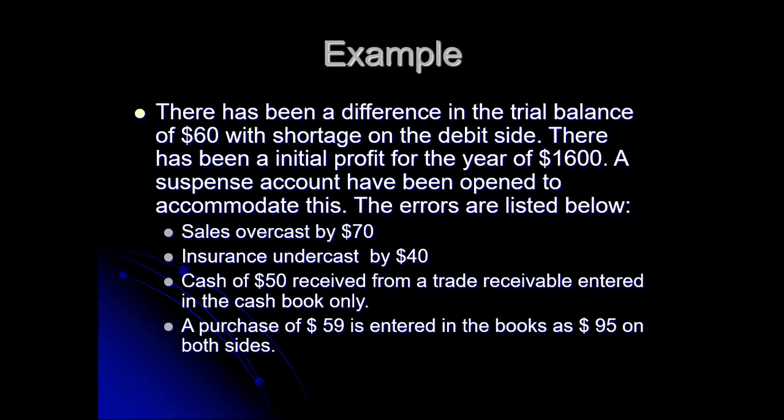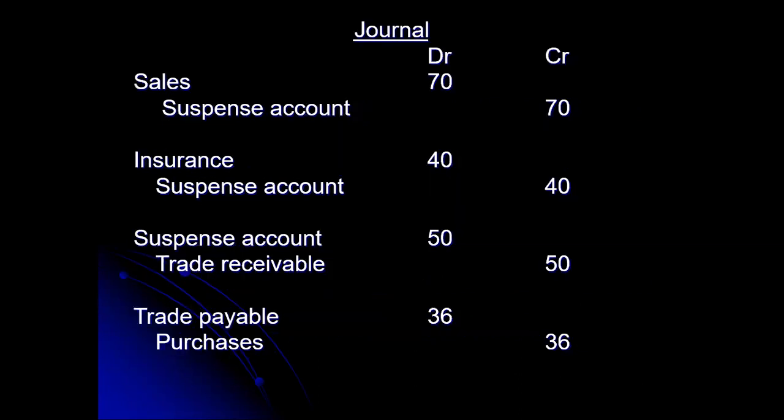Suspense is only required if double entry does not happen, as in the total debit and the total credit is not the same. So here we have overstated the amount by 36. So we need to debit trade payables 36 to reduce the liability and credit the purchases 36.